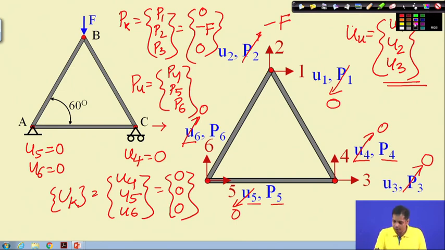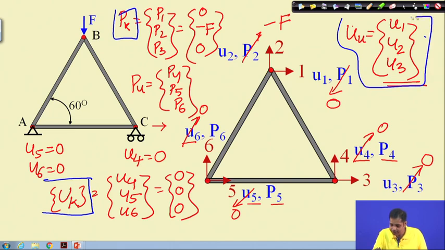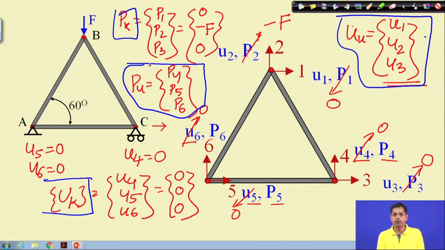Now, what information do we have? We have this information, and with this information we have to determine this and then this. Now we will see how to get this information.